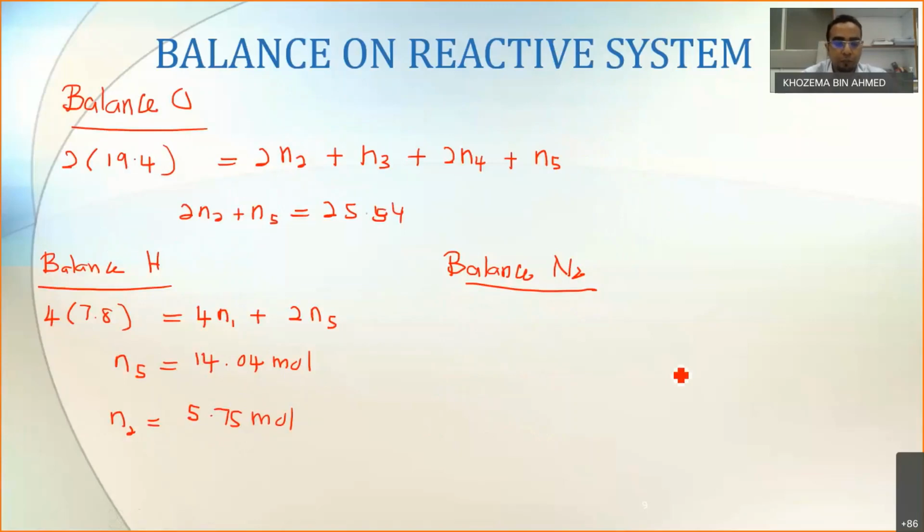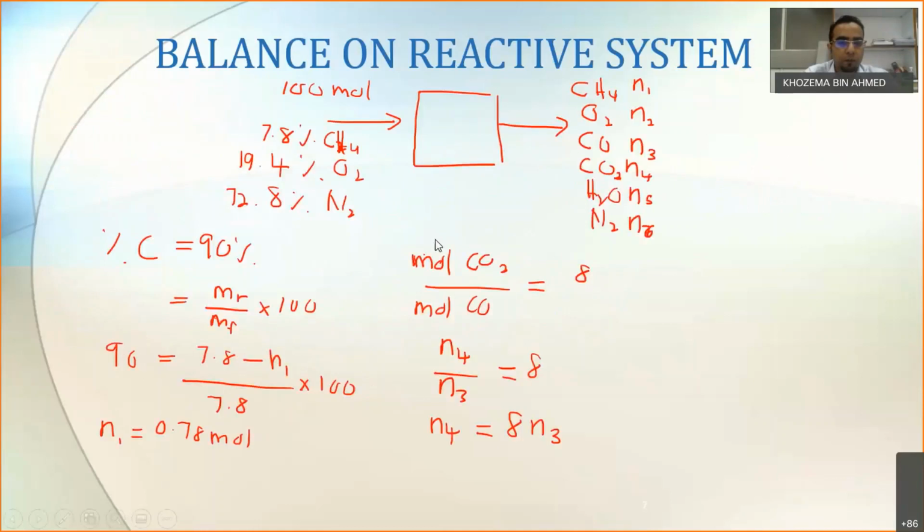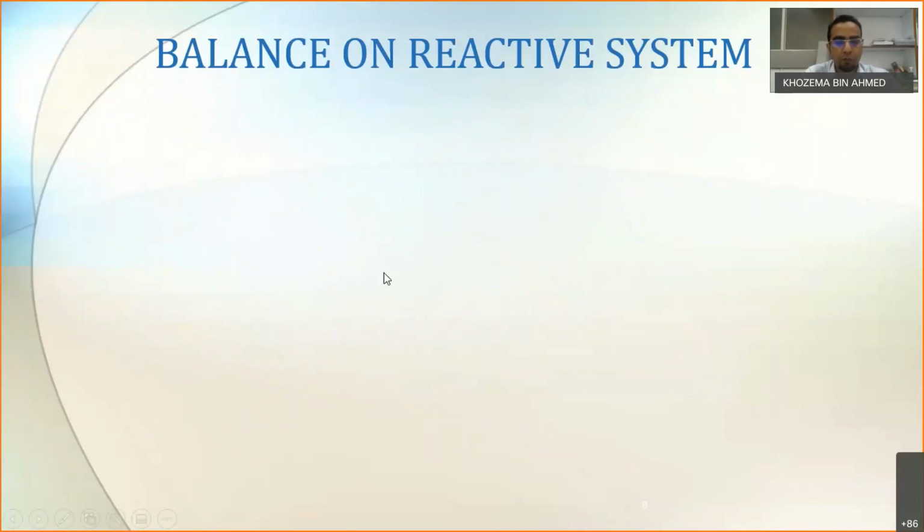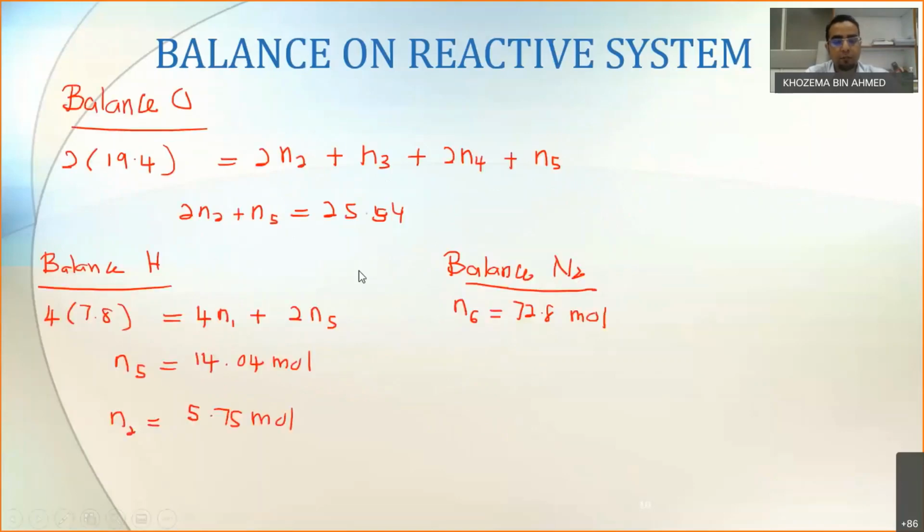So whatever amount of nitrogen gas we have on the input side, we'll have the same amount in the output side. So we can just say that N6 is equal to 72.8 mole. Because in our flowchart, we said that 72% out of 100 is 72.8 mole. So that is how we calculate using atomic balance for questions that have more than one equation.